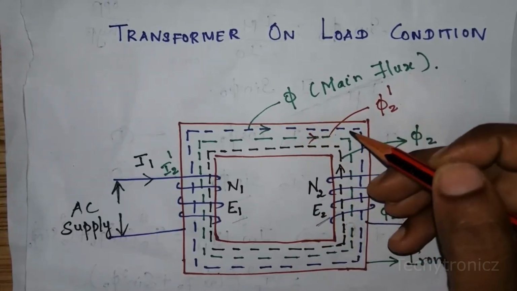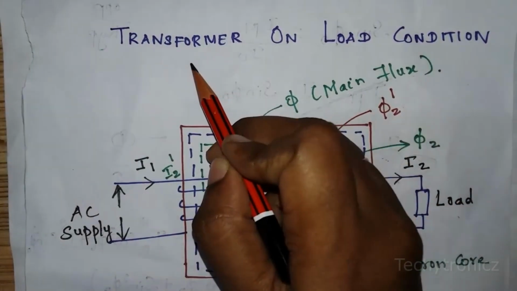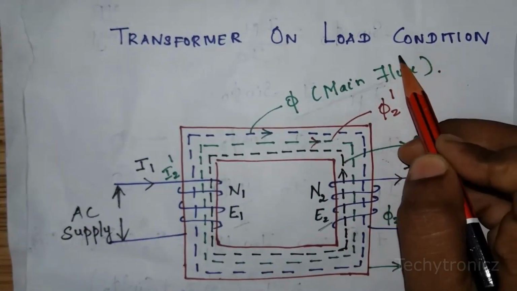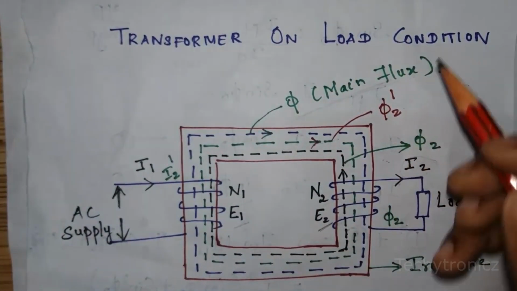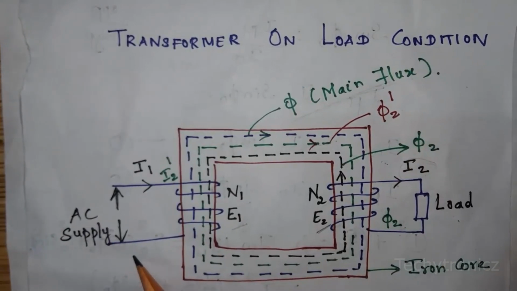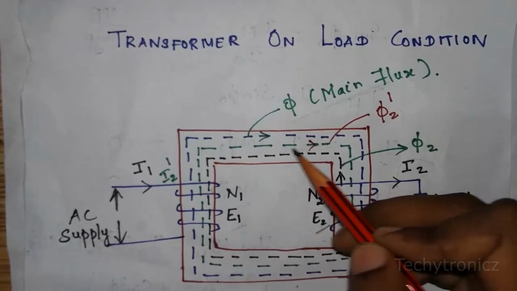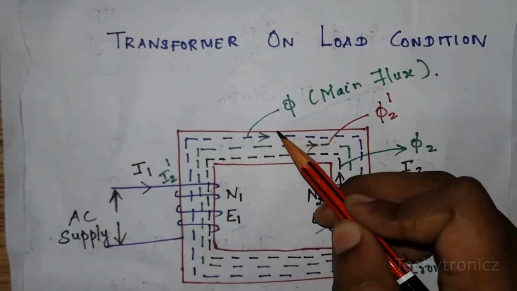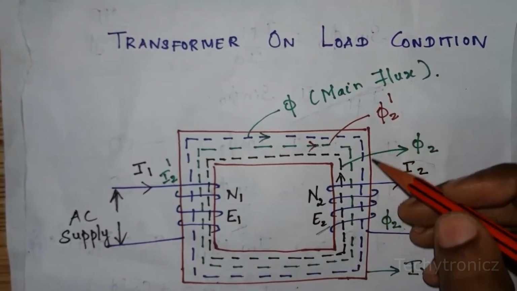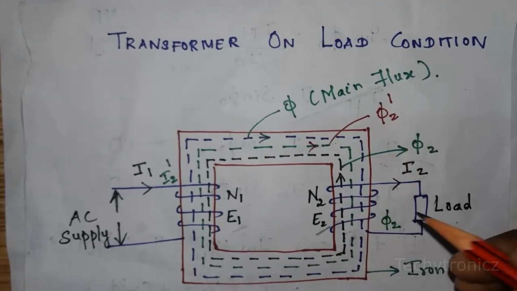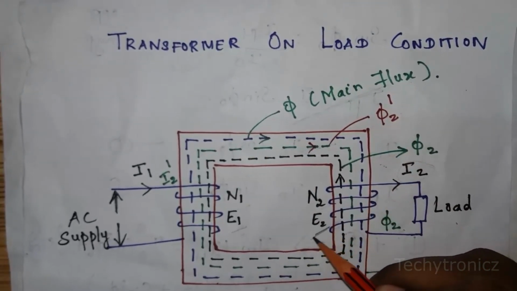This is the working of a transformer on load condition. When we give AC supply to the primary winding, an alternating flux passes through the iron core, that is phi, the main flux. When it cuts the secondary winding, induced EMF E2 is produced.